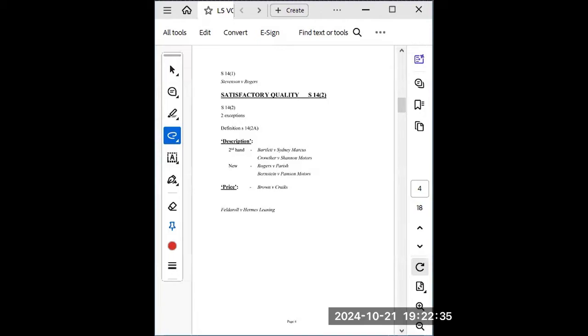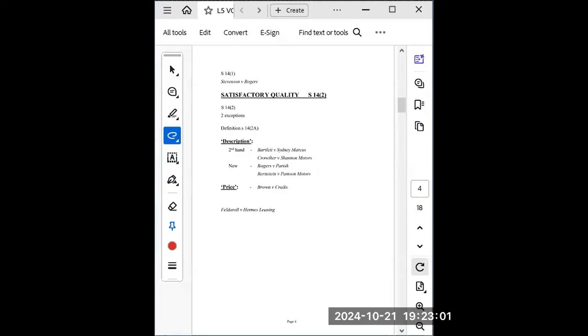The defect in the steering meant that it was potentially unsafe to drive at high speed. Now, the cost to rectify this problem was only £1,000. So the finance company argued there can't be a breach of 14.2 because the cost to repair is only £1,000. So it's okay, it's satisfactory. The court said, no, this was a breach of 14.2.